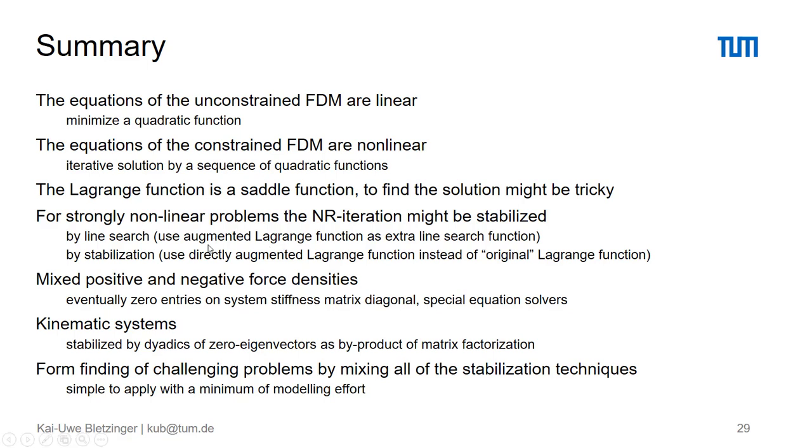We may use this augmented Lagrange function extra, that means additionally to our basic problem, with the line searches. Line search means that between two iteration steps we interpolate the previous and the actual solution, just to control the step size between these iteration steps.